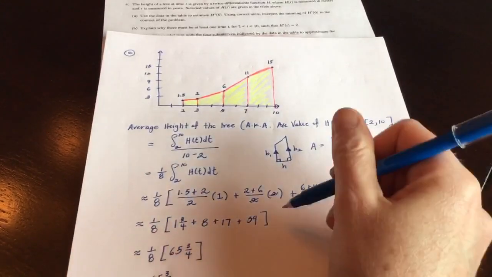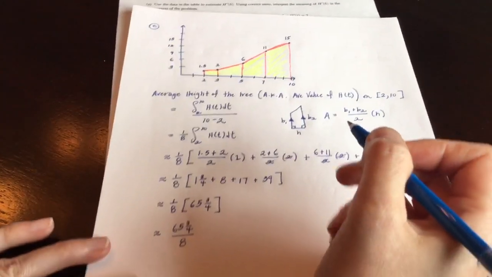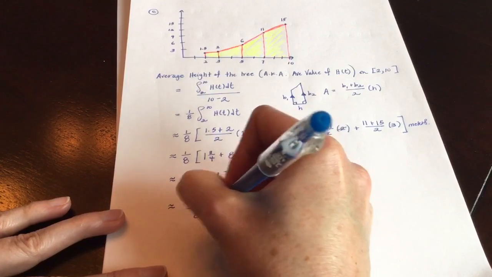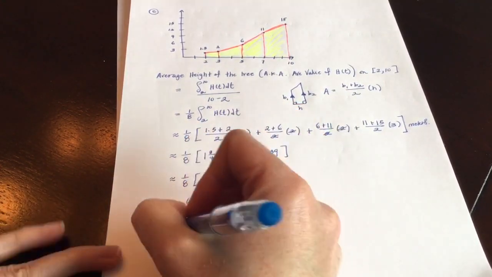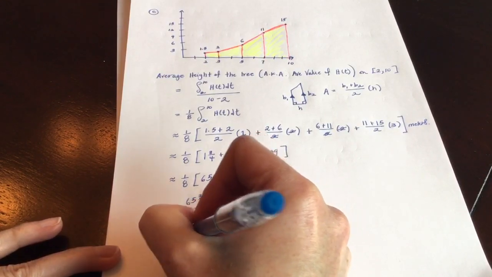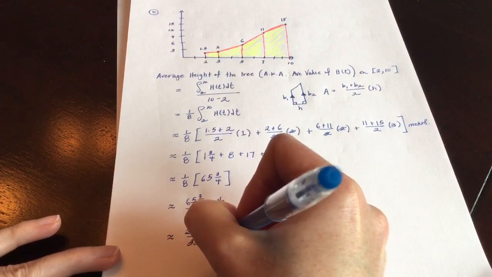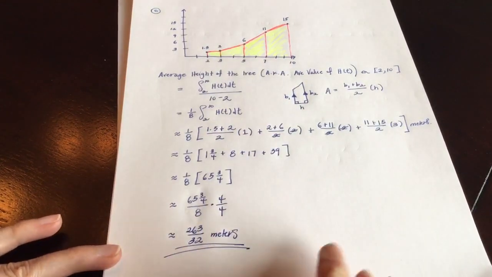And again, you can always just stop at any time and just say meters and be like, boom, I'm done. But to clear the fraction, if you're a purist, you could multiply by 4 over 4, and you'd end up sooner or later with 263 over 32 meters. There we go, and that would be your average height of the tree.